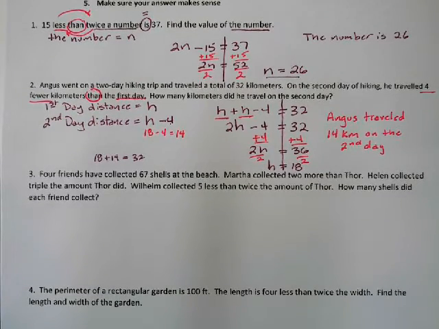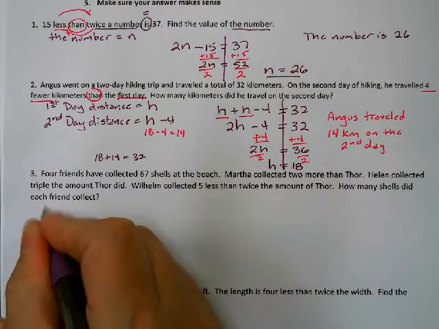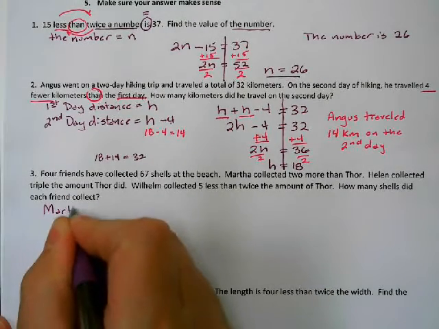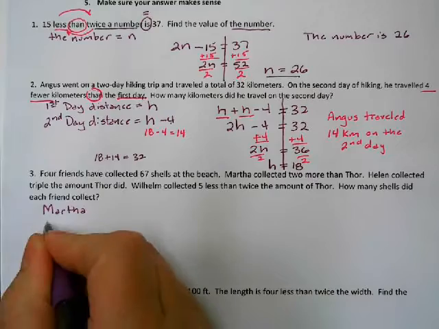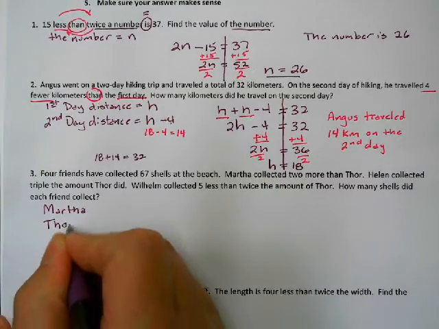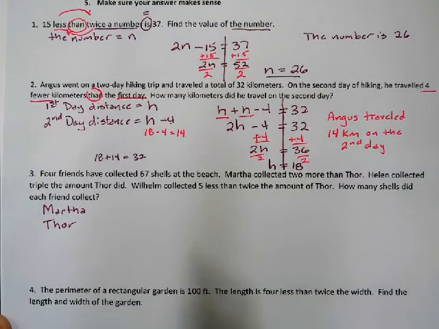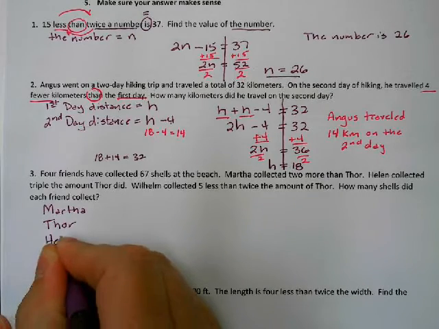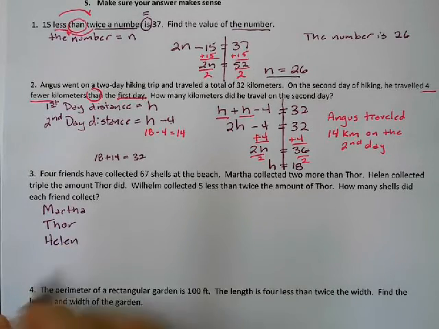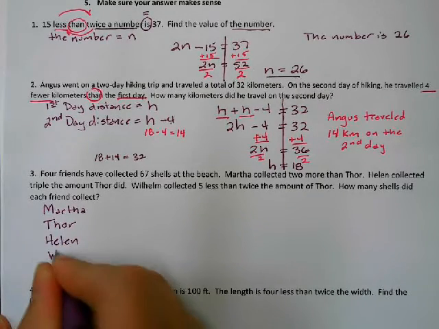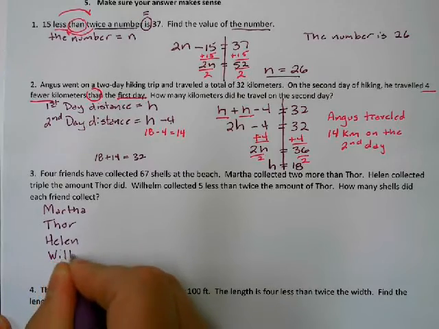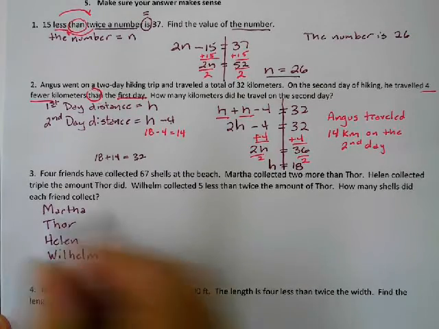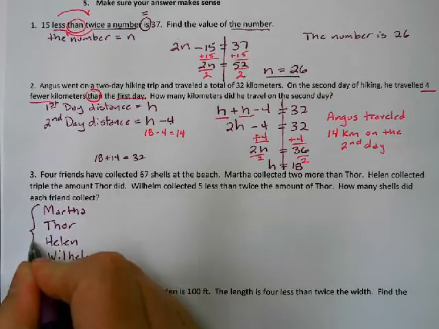Well, I've got 4 friends here. So what were their names? We had Martha. We had Thor. We had, who else? Helen. And we had Wilhelm. And these are representing how many shells each of them had.